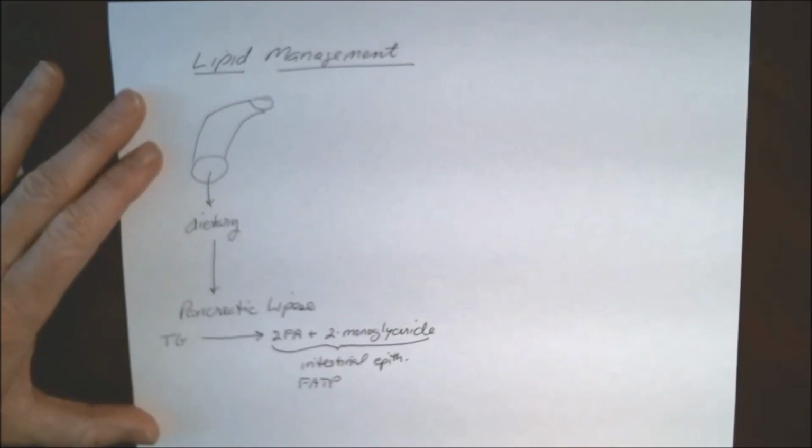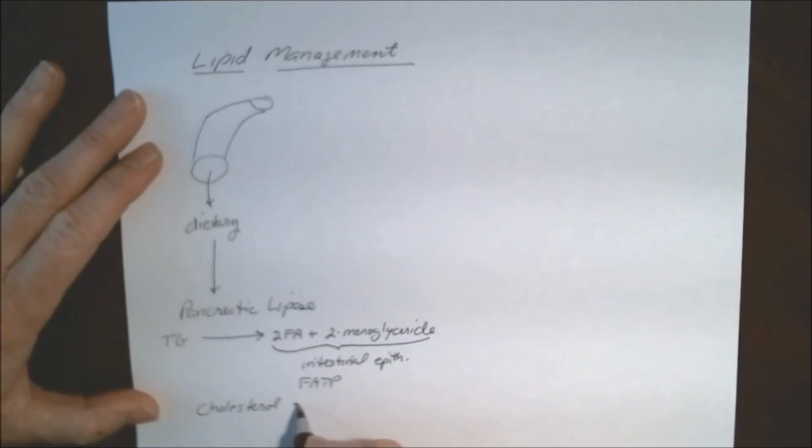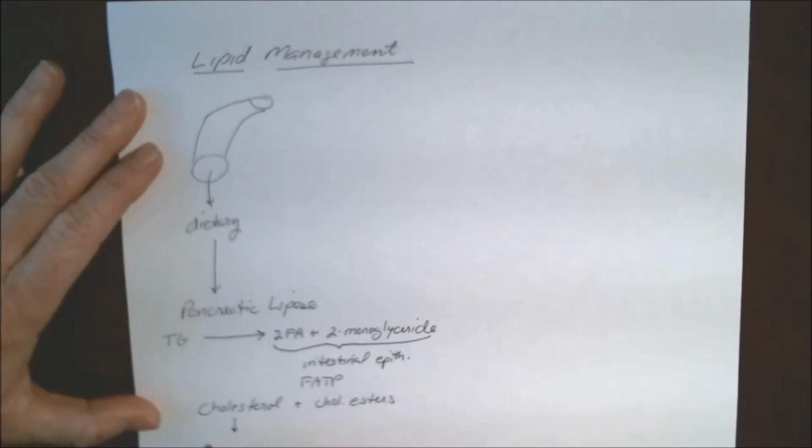Now, the other part of our dietary fats are cholesterol plus cholesterol esters. Now remember, cholesterol is just the base structure, and cholesterol can be taken up by our NPC1L1 transporter.